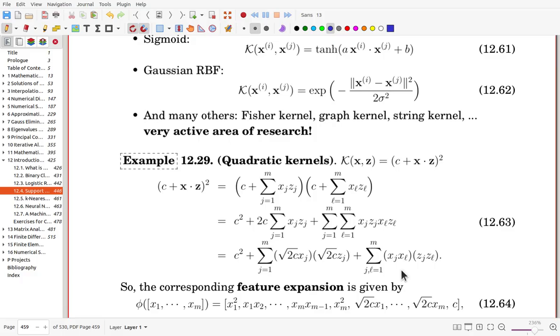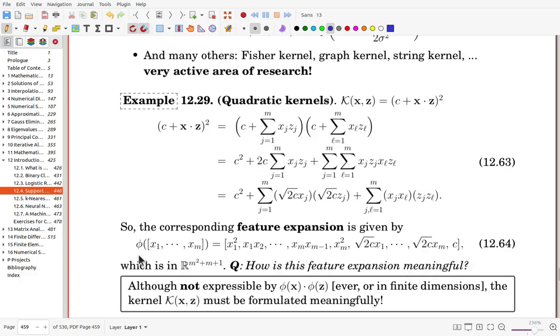If we define the expansion phi function from x to 1 to xm in this way, then these final terms are the same as phi x dot phi z. So this is a simple function, and if you try to make the explicit expansion, it is very complicated. But simply using this kernel function, you can deal with this expansion without explicit expansion.